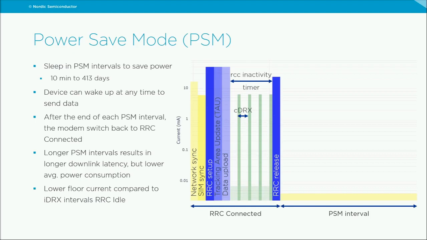After the end of the PSM interval, you do a connection and you switch back to RC connected mode and send this tracking area update and/or your data that you want to send to the cloud. So of course, longer PSM intervals result in longer downlink latency, but also a much lower average power consumption. This mode has a lower floor current compared to the iDRX intervals in RC idle mode.